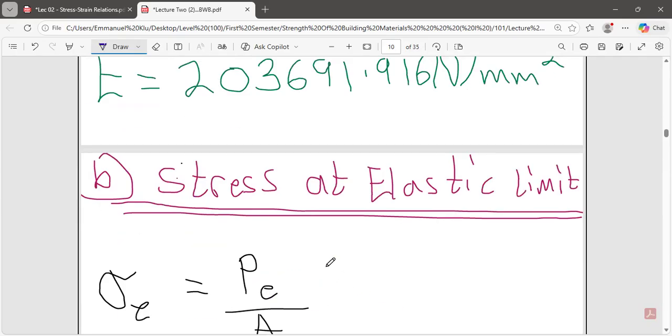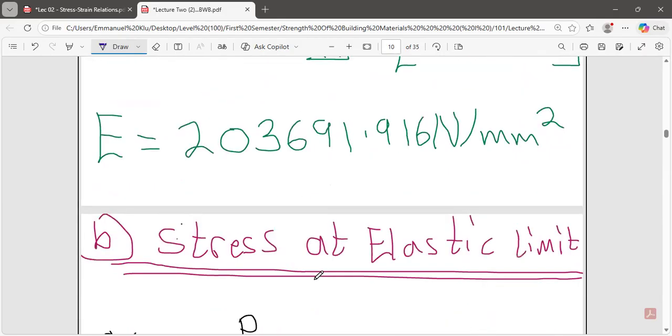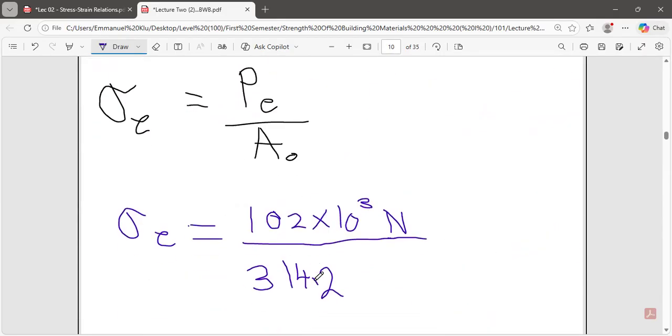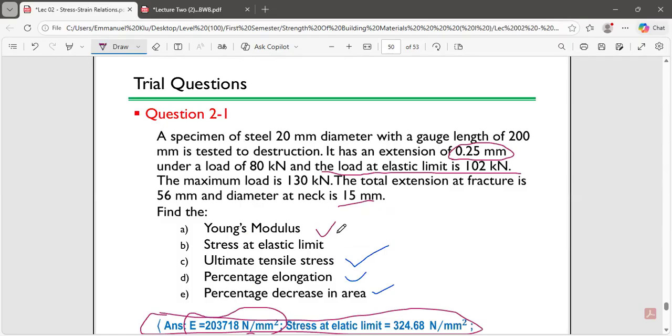So let's point this together: 102 times 10 exponent 3 all over 314.2. At the end of the day, what are you going to get? Quickly punch your answer in the comment section and let's see.